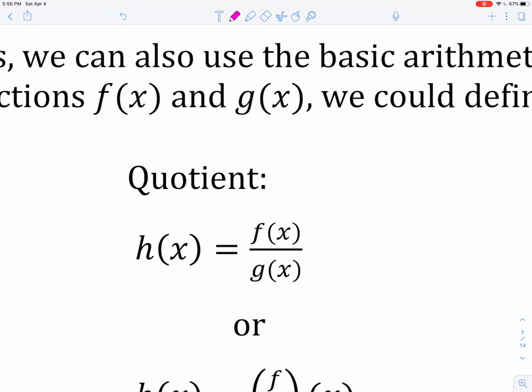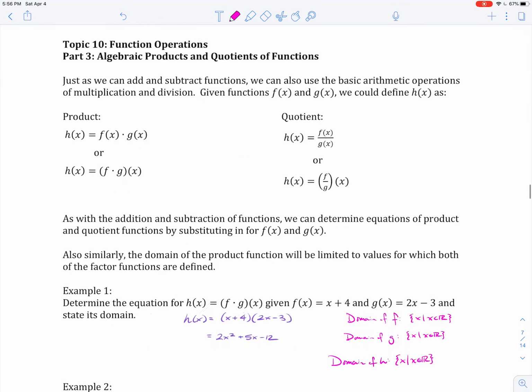So when we find the common domain for h of x, the quotient function, we'll look at what overlaps. We'll look at what's common to both f and g. That's still necessary. But we'll also take into account where g of x is equal to 0 and say that x cannot be those.